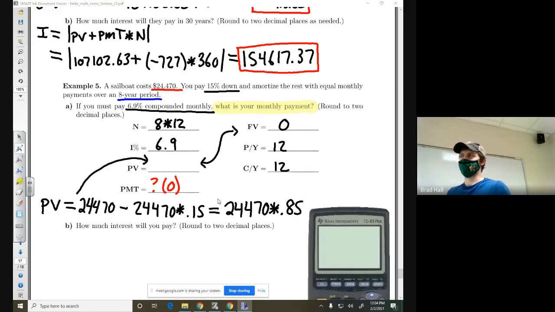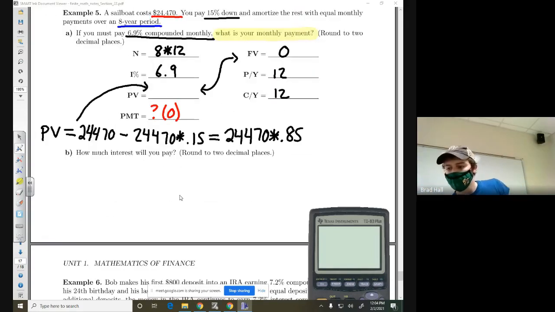What does that mean about the other percent? It's 100% minus 15%. So the other part is 85%, hence the 0.85. That's where it's coming from. But you don't have to think about it that way. If you're cool with that, then so be it. If not, no big deal.